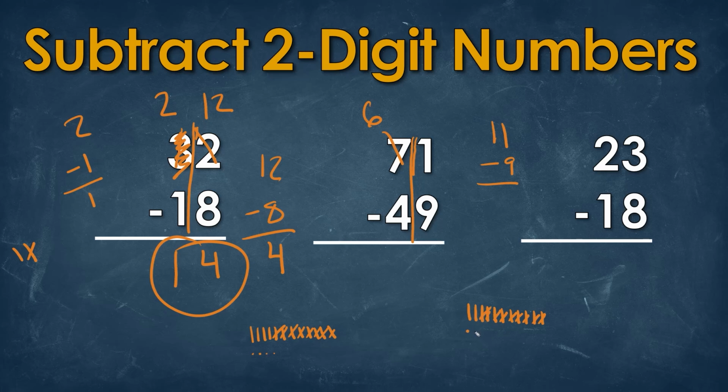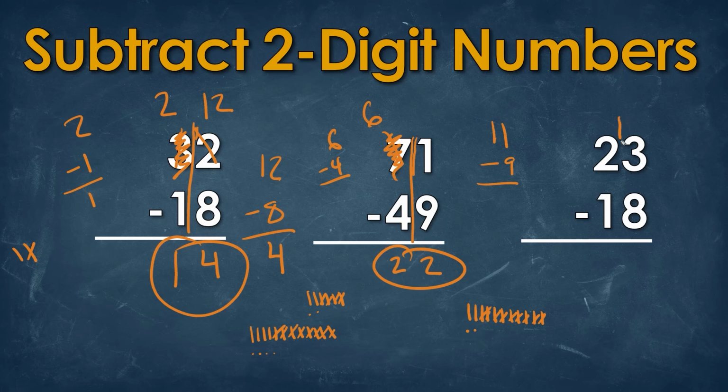We're left with 1, 2. Okay. So since now the 7 doesn't exist, right? We now have a 6. We're going to do 6 minus 4 on the left side. So that's 1, 2, 3, 4, 5, 6 minus 4. We're left with 1, 2. So 71 minus 49 is 22.